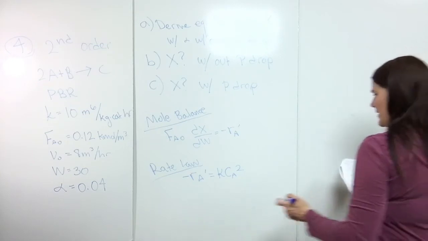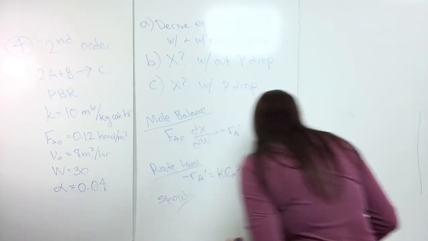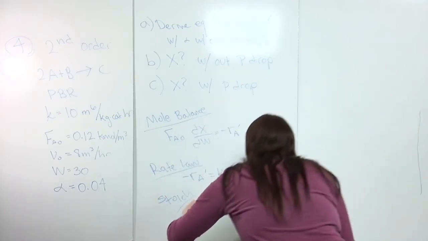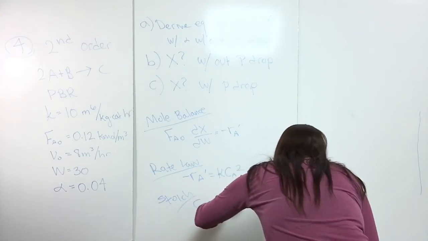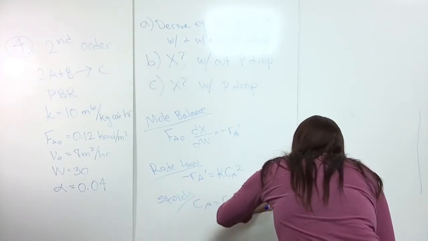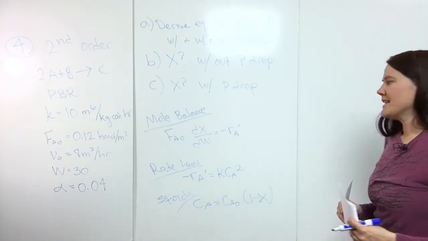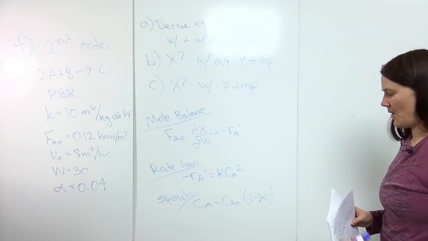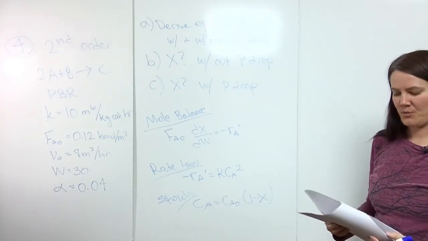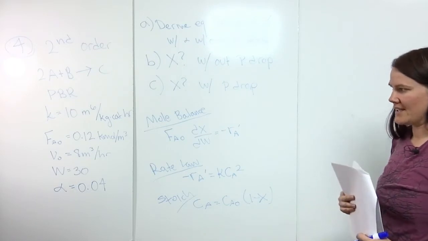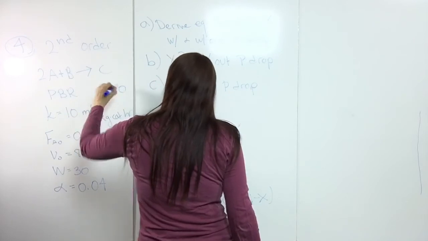And then for the stoichiometry, CA is equal to CA naught times 1 minus X. And so one thing I'm doing with this problem, since I need to get an integrated equation for the pressure drop, the only way to do that is to assume that epsilon is equal to 0.